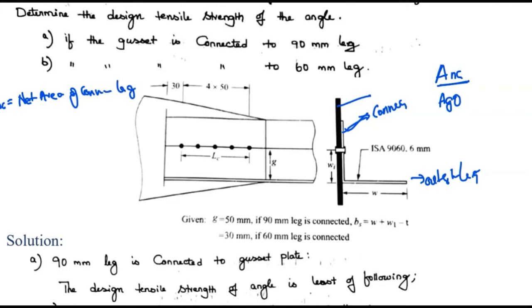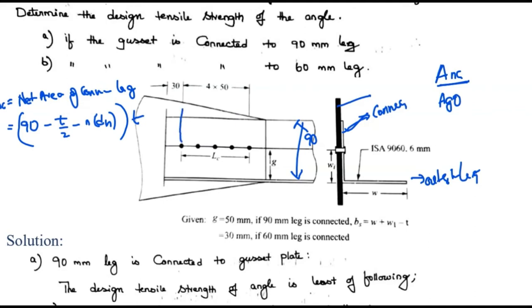So what would the net area be? It would be the value of 90. This is 90, right? So the connected leg length is 90 minus thickness by 2, minus n into diameter of hole, into thickness.